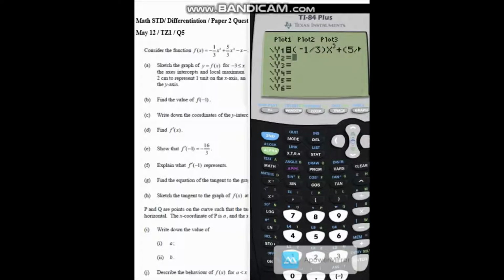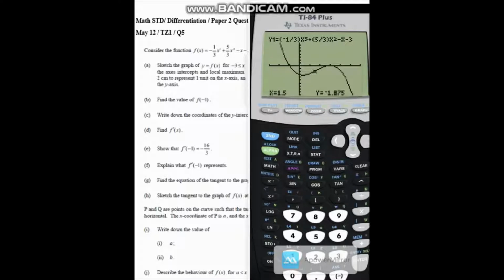So there is my equation, and I've adjusted the window according to the question, and there is what the graph should look like. You can tell from the graph that the y-intercept exists at -3 and the x-intercept exists roughly around x equals 3, and you should show the minimum point and the maximum point, which is also the x-intercept.